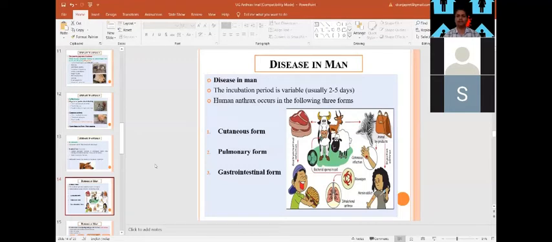Cutaneous anthrax is by contact with infected animals, infected or contaminated meat, carcass, hide, or skins. The pulmonary form is mainly due to inhalation of anthrax spores, maybe during wool sorting or other operations, and that's why the pulmonary form of anthrax is known as wool sorters' disease. The gastrointestinal form is mainly due to ingestion of contaminated, uncooked or semi-cooked meat of animals.